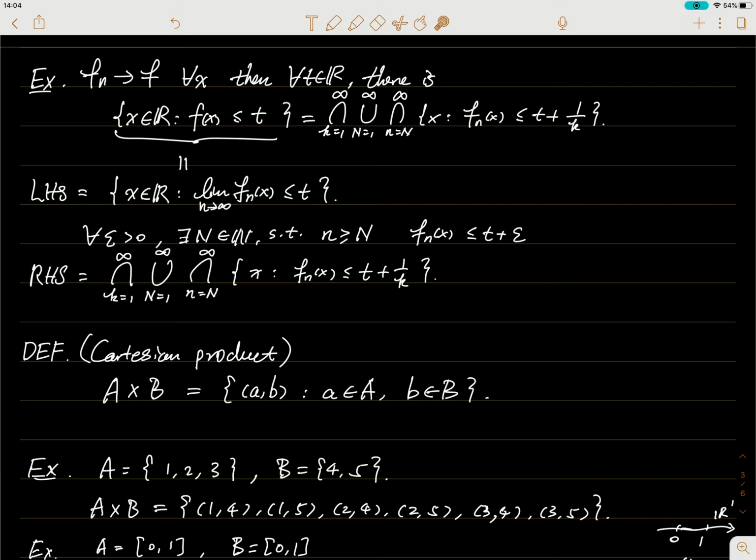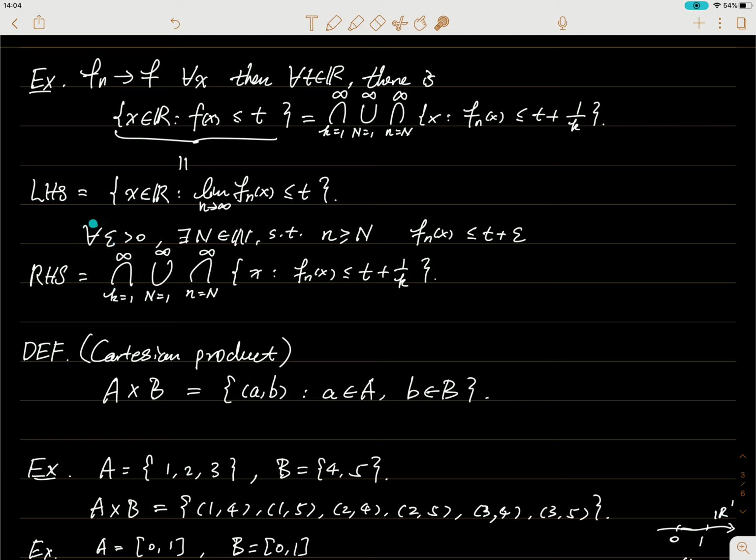So that means for any integer k, there exists some capital N such that when little n is greater than or equal to capital N, fn(x) will be less than or equal to t plus 1 over k. So the for all becomes the intersection, with epsilon becoming 1 over k.